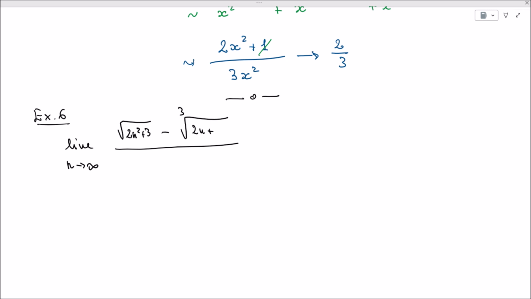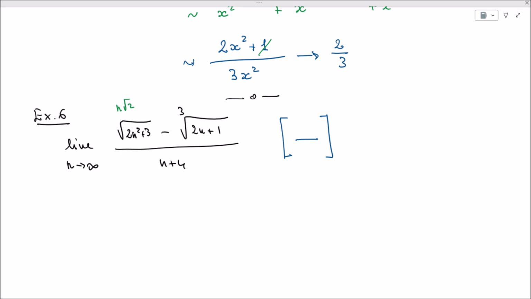So what is the undetermined form of this limit? Well, clearly on top we can approximate this with basically n square root of 2, because the leading term is 2n squared.